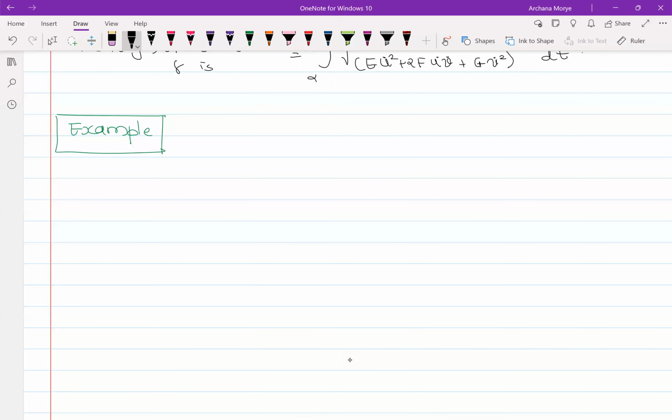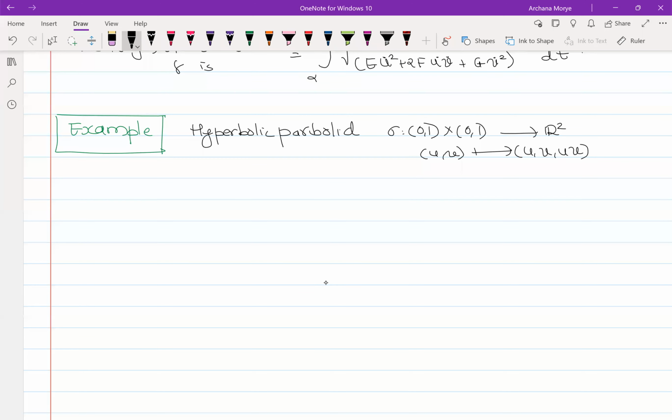Let us take some surface. The surface we are going to take is a hyperbolic paraboloid. I'm going to give you a patch, taken from the open interval (0,1) cross (0,1) to R3. This surface is given by (u,v) goes to (u, v, uv). Okay, so this is my surface.